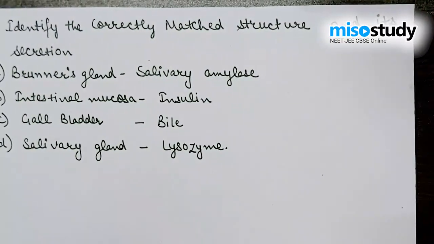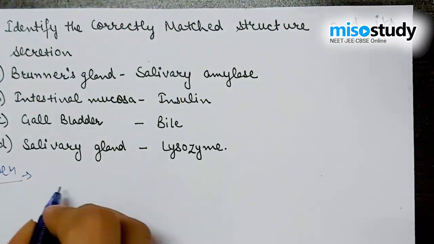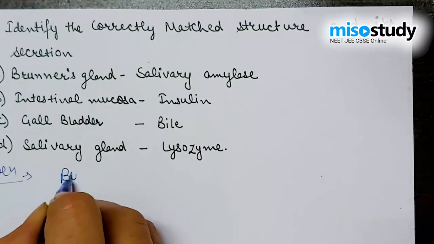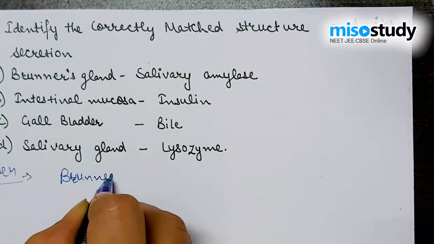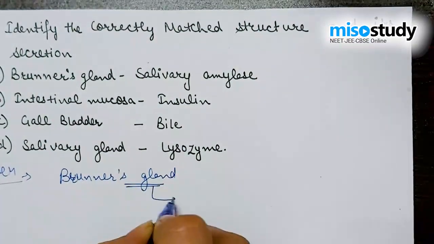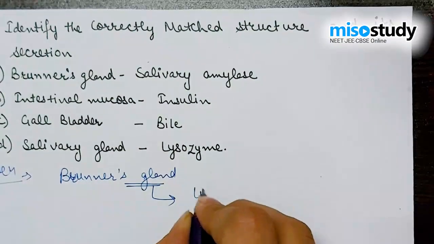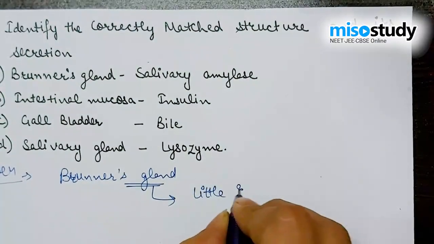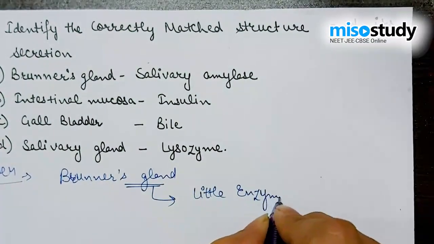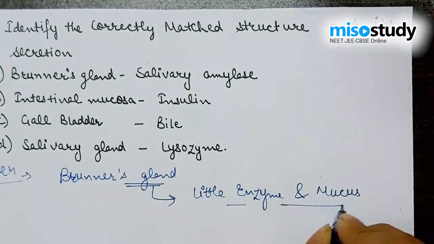When we discuss the solution for the question: the Brunner's gland secretes a little enzyme and mucus.